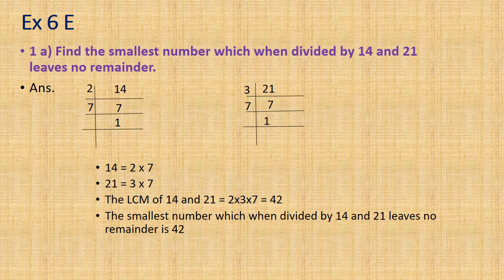After that we can see the LCM of 14 and 21 will be 2 multiplied by 3 multiplied by 7, that means 42. So now students, the smallest number which when divided by 14 and 21 leaves no remainder will be 42.